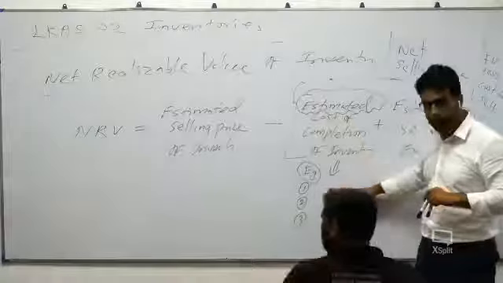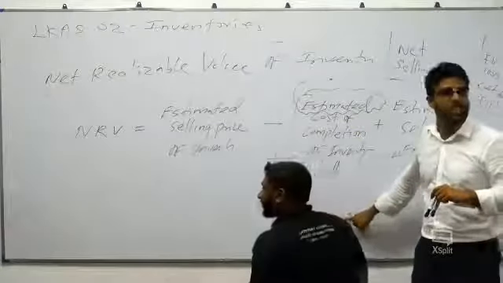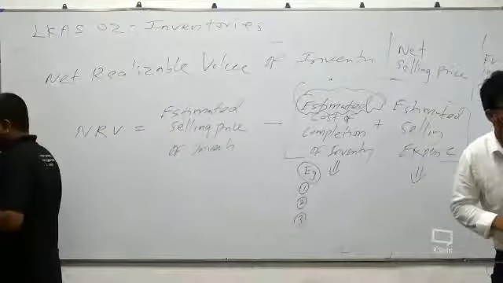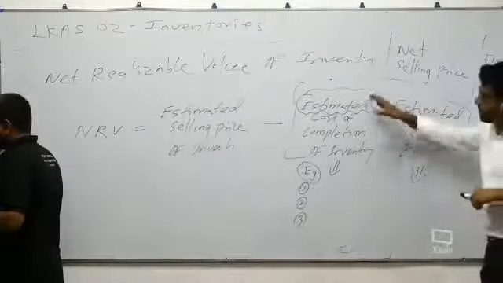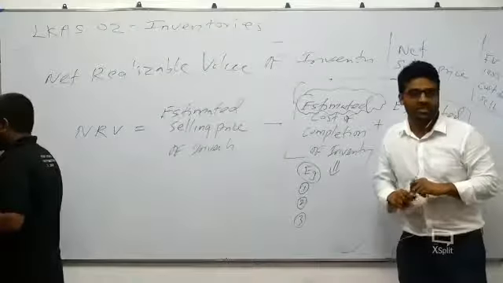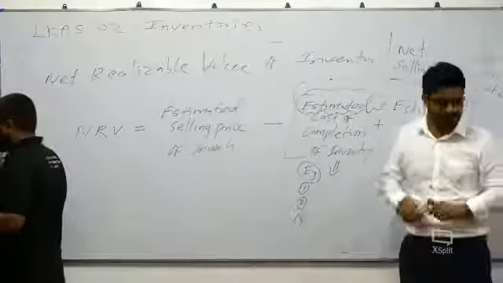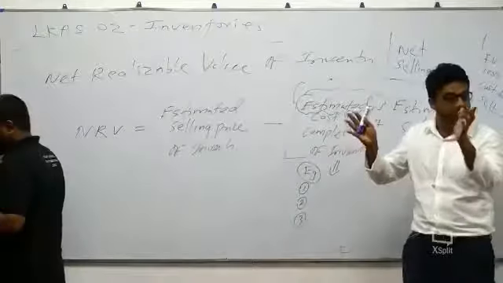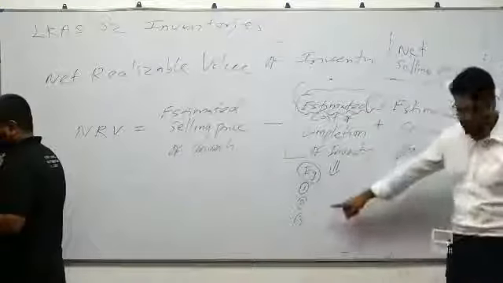Estimated modification expense, estimated repair expense. Give me one more example. Cost of completion, estimated packing expense, maybe. Sometimes you never sell it without packing. Sometimes you will have the product without packing, but you will never sell in the future without packing. In the future, you will do packing. So it's a future packing expense.